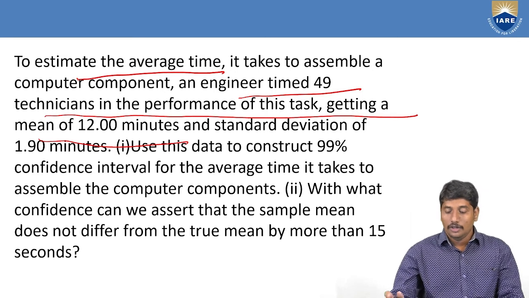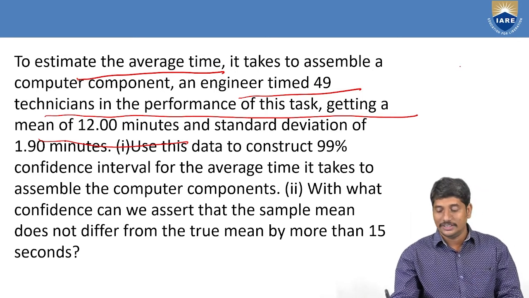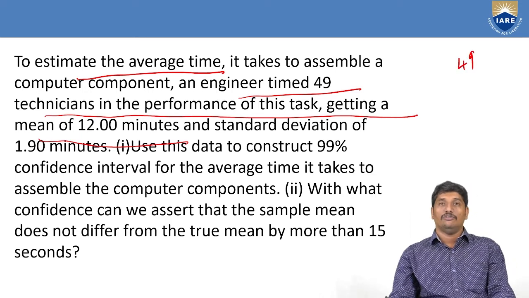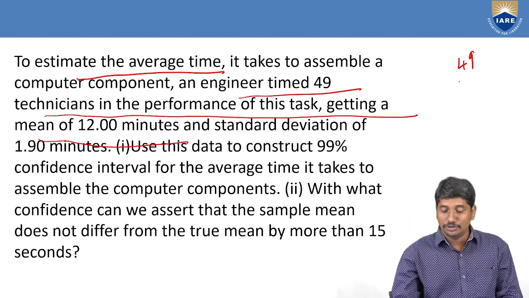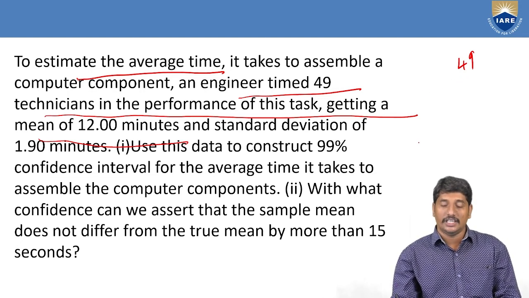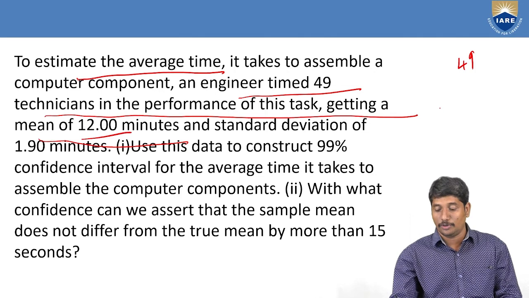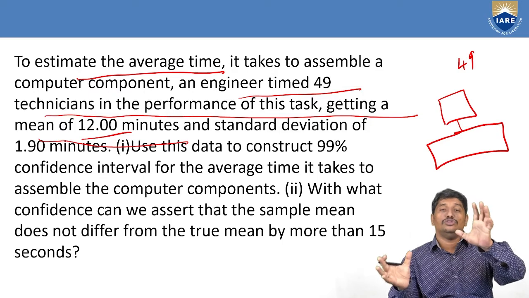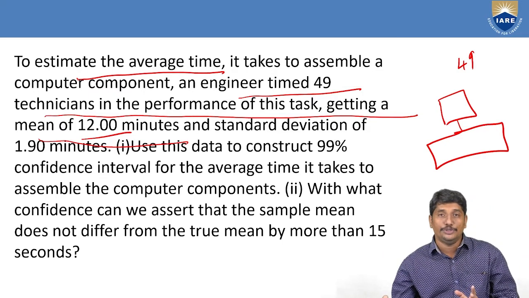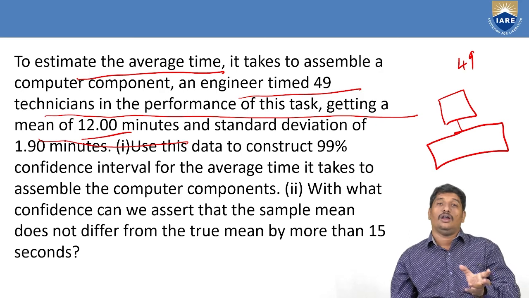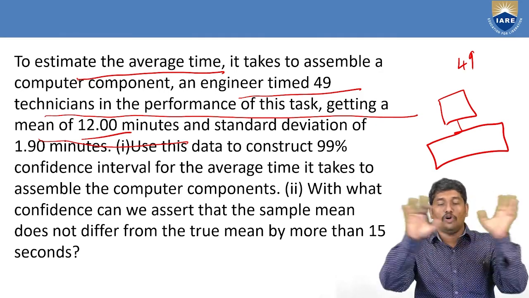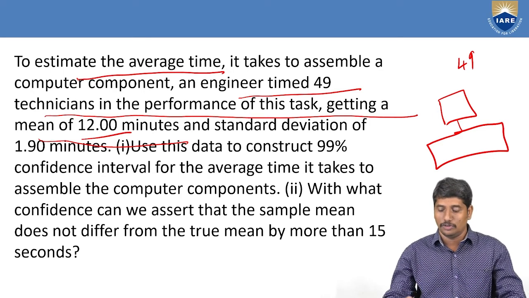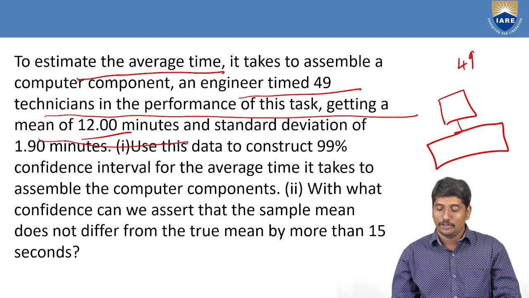And out of so many students, the trainer has inspected 49 technicians, and each participant is taking on an average 12 minutes to assemble the computer, to join the monitor with keyboard and CPU and the wire networking and mouse, everything, to assemble all the things, internal, external, to arrange the computer.